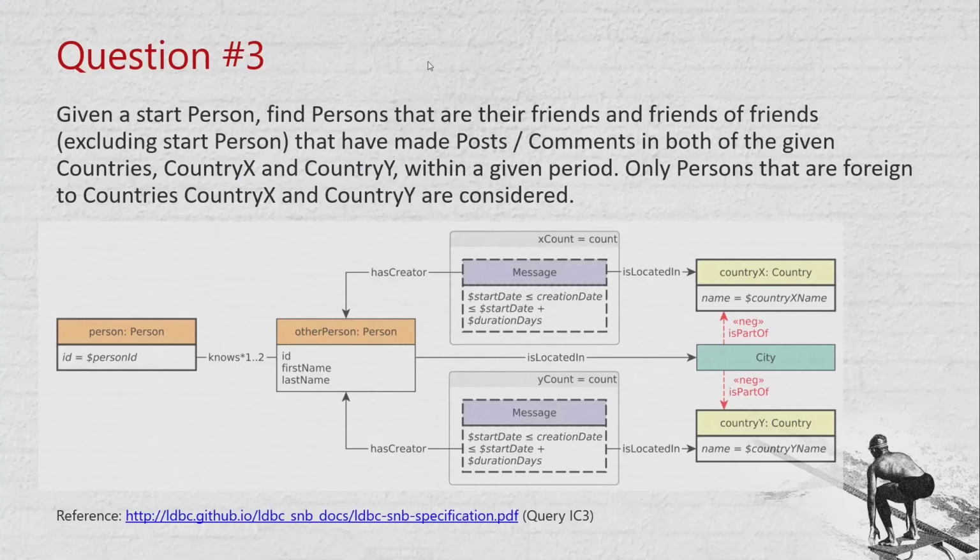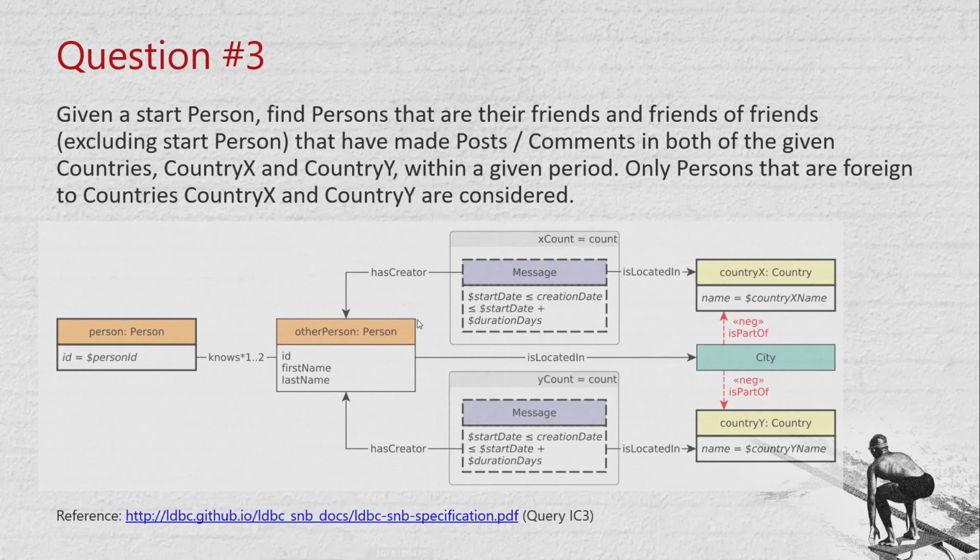The final demo that we have is to answer question 3 that we posed earlier in this presentation. As a recap again, that question is to start with a given person, go one step or two steps away and find all the friends that they're connected to. Then it gets more complicated in terms of expressing the kind of predicate that you want to express.